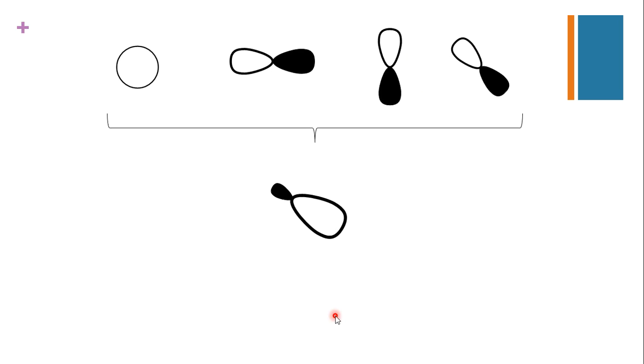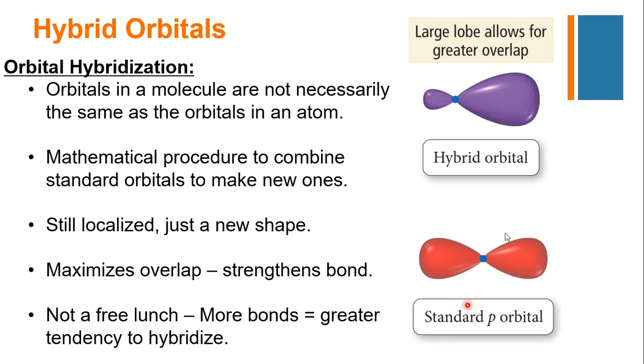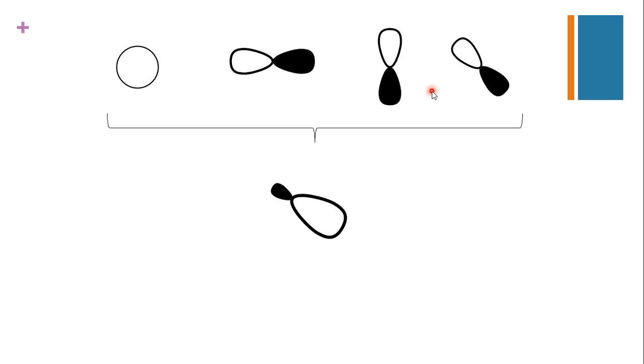Okay, so real quick, before we move forward, I want to talk about how we get this large lobe and little lobe. Remember that these are waves, right? And when we talked about waves, one of the properties we talked about was constructive and destructive interference.